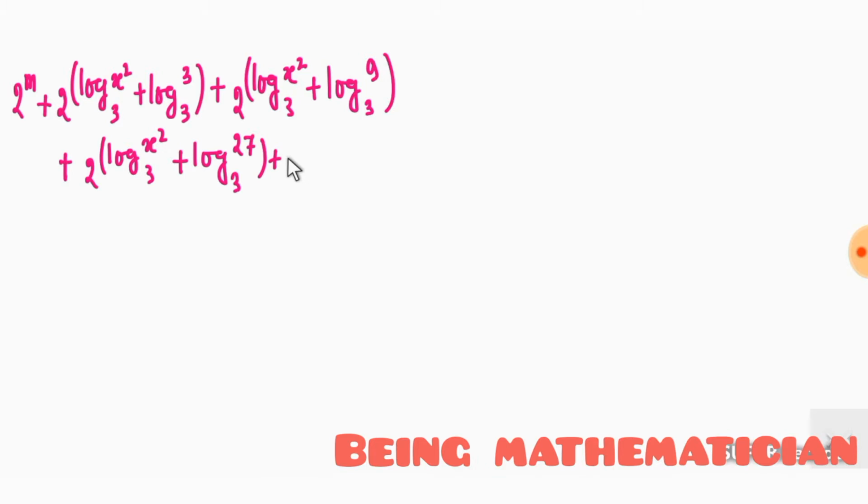And now this will be continued, and the last term is 2^(log x² base 3 plus log 3^n base 3), which is equal to 2^(m+n).